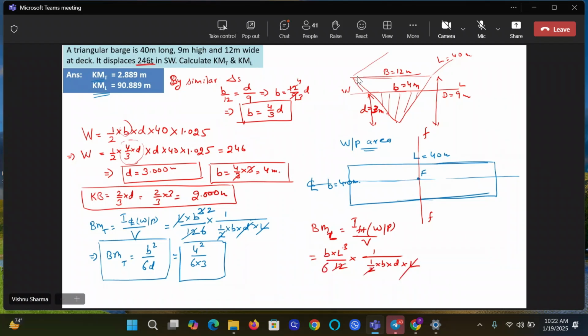This gets knocked off, makes it square. Small b gets knocked off, and this becomes L square upon 6D, which is 40 square upon 6 into 3. And you get BML, and to that you can add 2 meters of KB, and you will be able to get the KML of 90.889. Am I clear, beta?